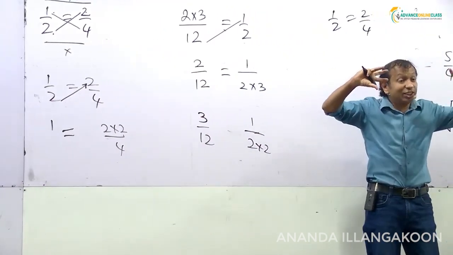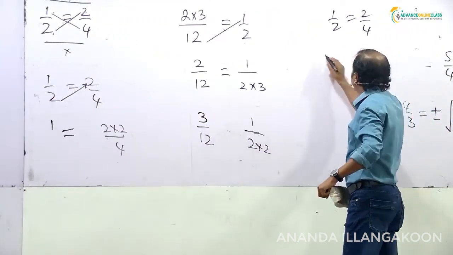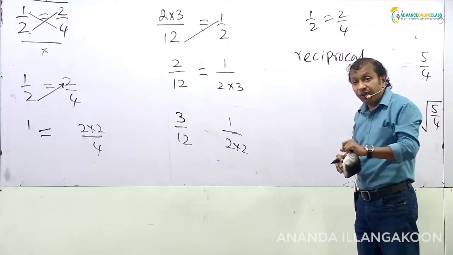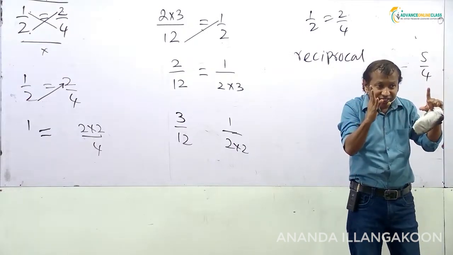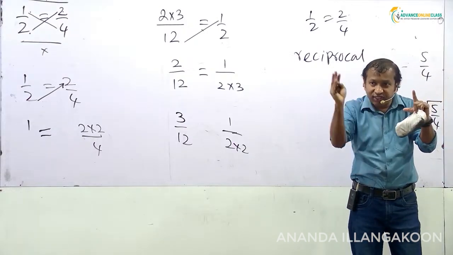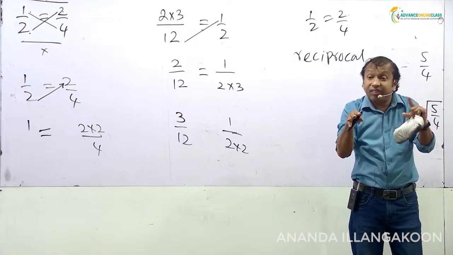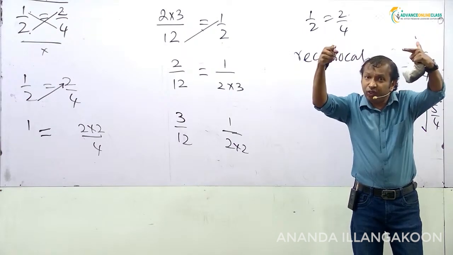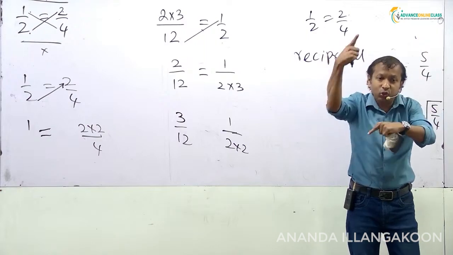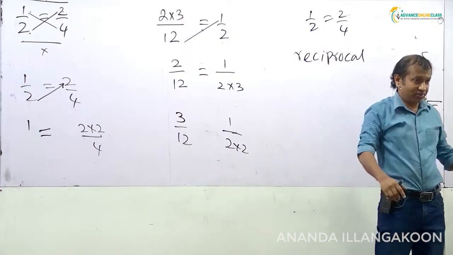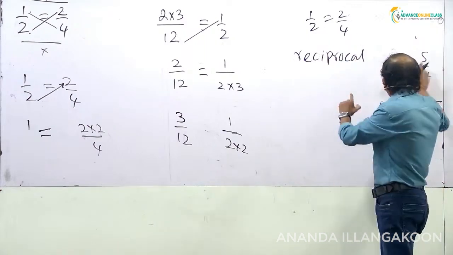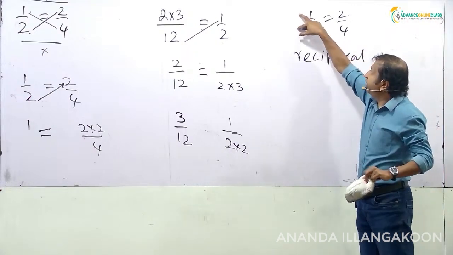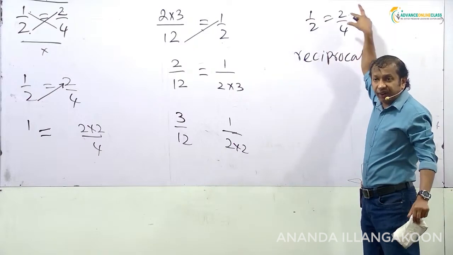Both sides we take the reciprocal. What is meant by reciprocal, people? Reciprocal means consider a fraction. You know, a fraction has a numerator and denominator. Take its reciprocal means we exchange them. The numerator we bring to denominator, denominator we bring to numerator. That is called the reciprocal. So, when we have a proportion this way, we take the reciprocal of the left hand side and the reciprocal of the right hand side.